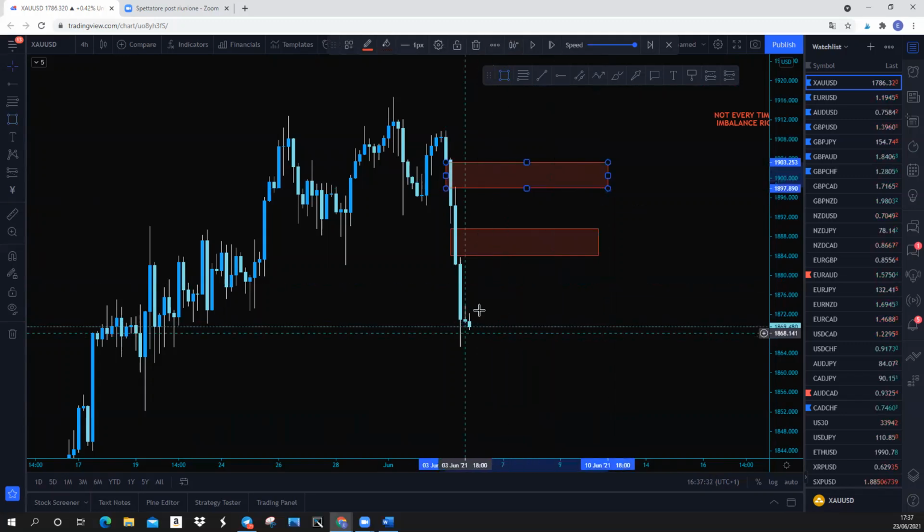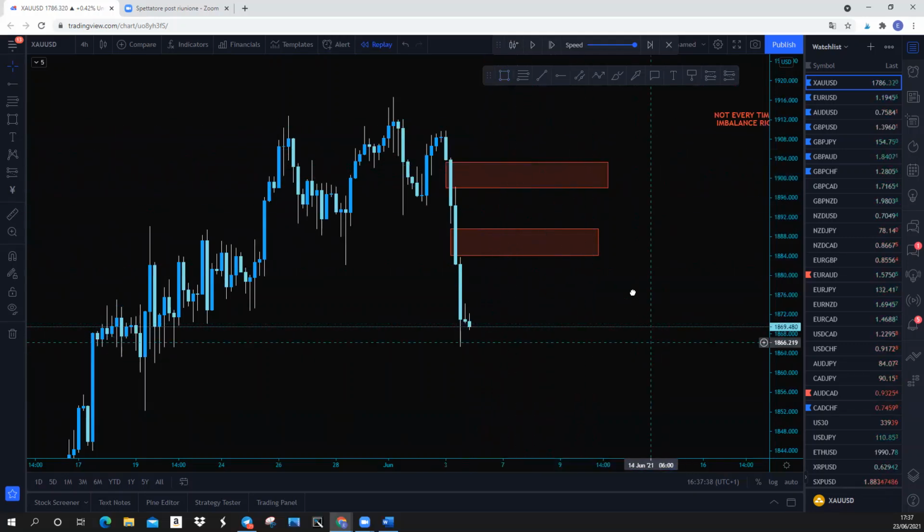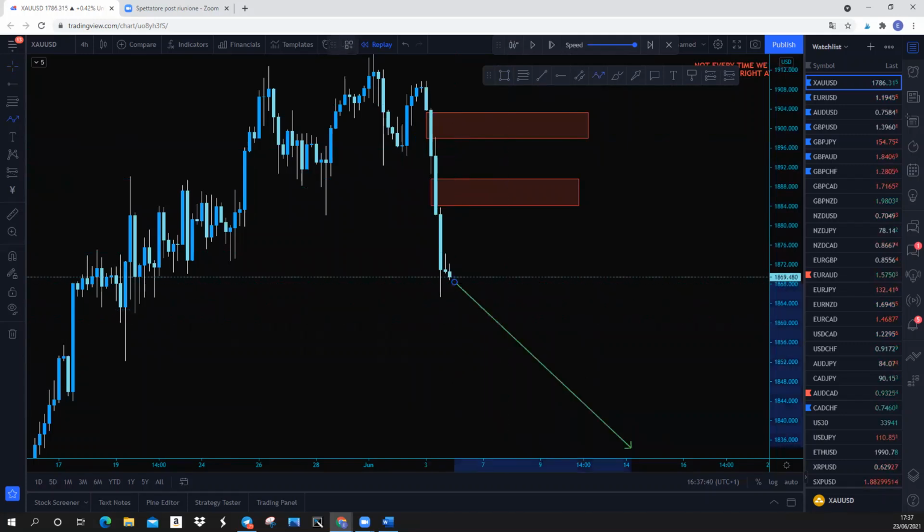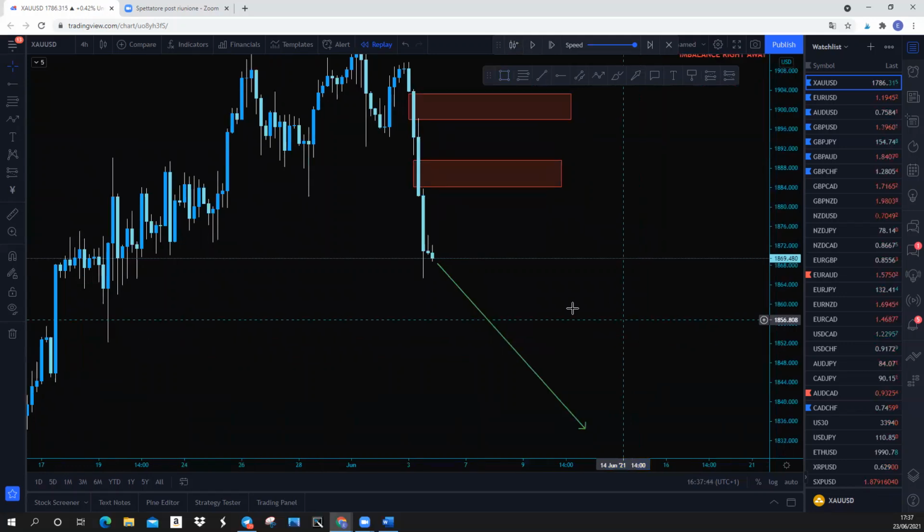And they will start buying and buying and buying because they think that we need to fill the imbalance. And then what happens is just that we keep going down and they end up in a huge loss just because there was imbalance.